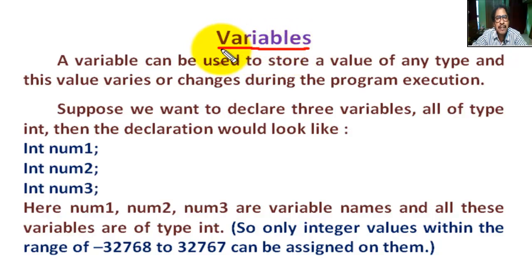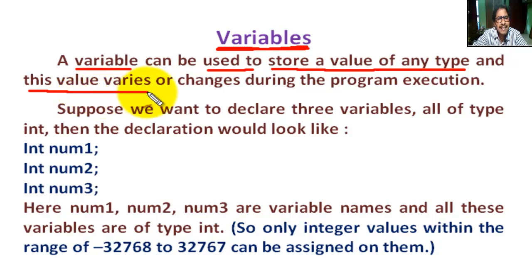Now, what is a variable? A variable can be used to store a value of any type, that means integer or float, etc. And this value varies or changes during the program execution.